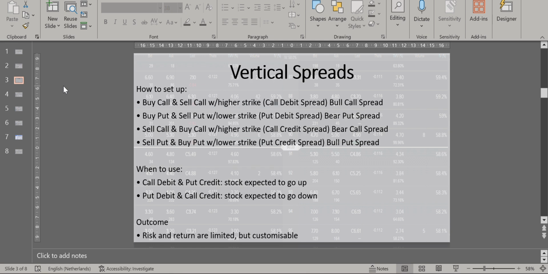And so you use a short position and a long position in an option with the same maturity. So both options have the same maturity, but the strike prices are different, and that is why they are called vertical spreads.